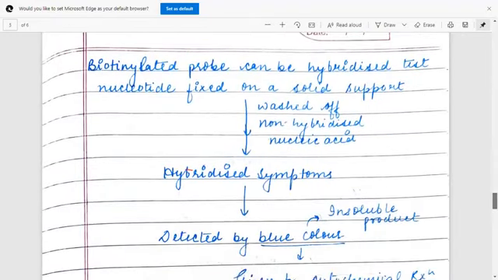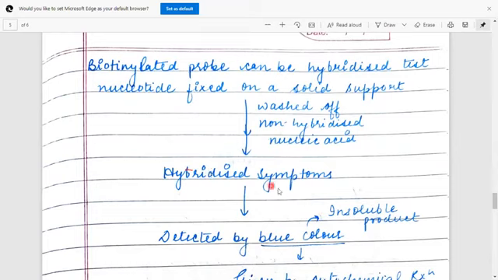So this biotinylated probe can be hybridized to the test nucleotide, the targeted nucleotide, fixed on a solid support, for example a certain membrane, then washed off to remove the non-hybridized complementary nucleic acid.